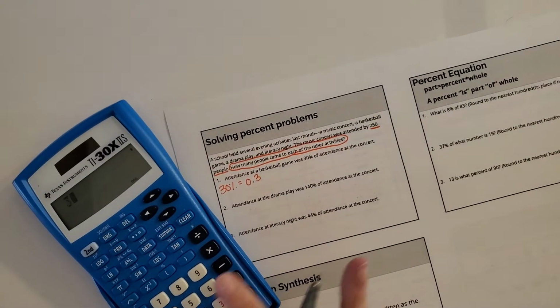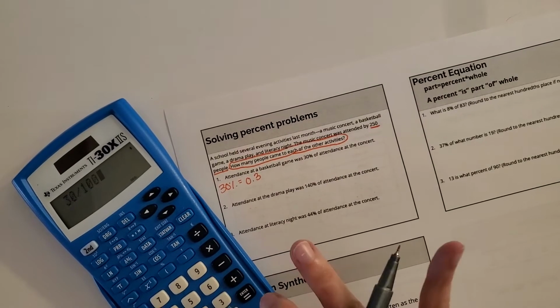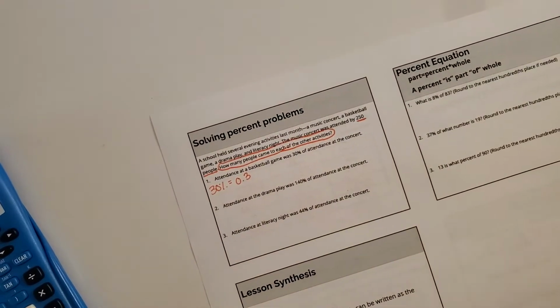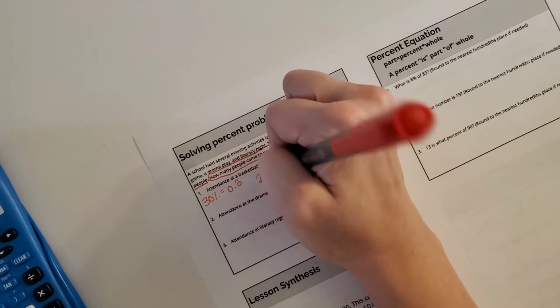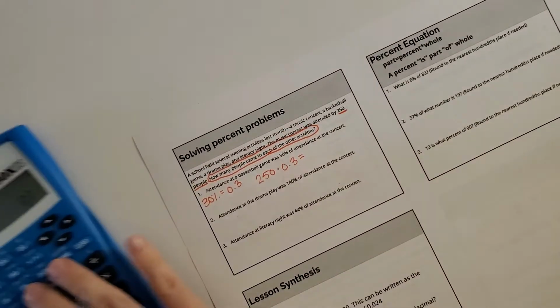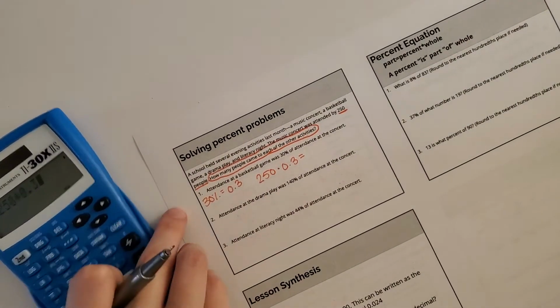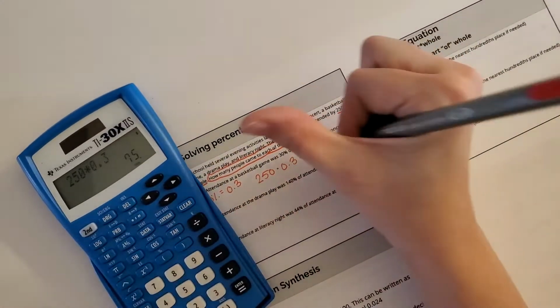Remember, take that percent and divide by 100, and that's going to give you your percent as a decimal. So then I'm just going to take 250 times my decimal, I'm going to get 75, so that means 75 people.